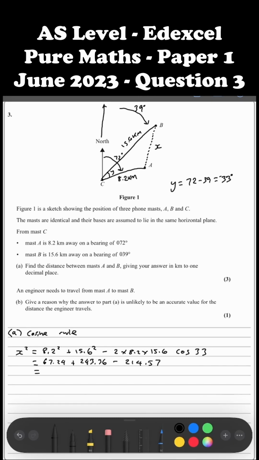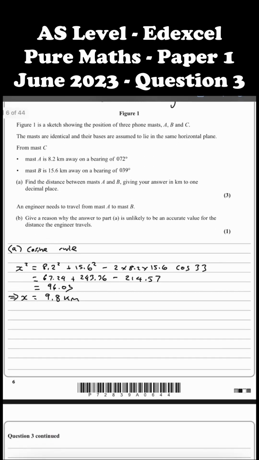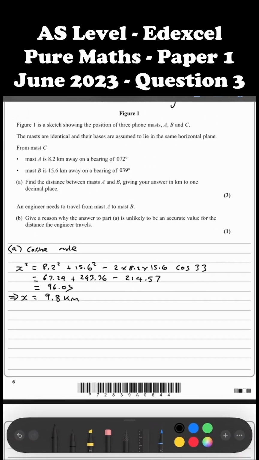Add all these together. 67.24 plus 243.36 minus 214.57 and we're going to get 96.03. Therefore, x equals the square root of this, which is 9.8 kilometres.